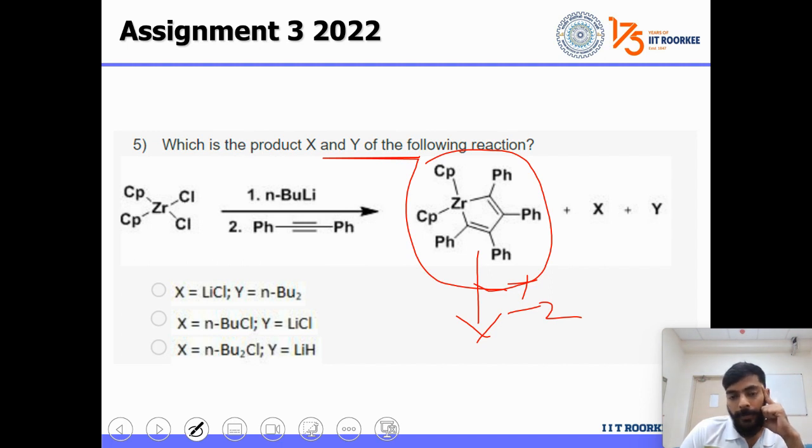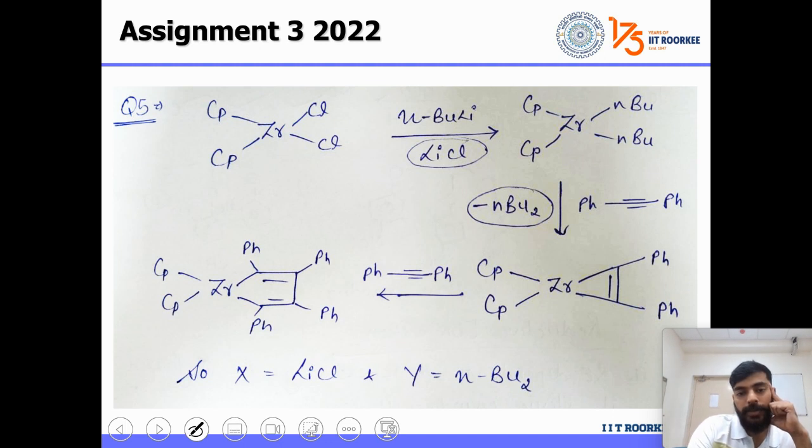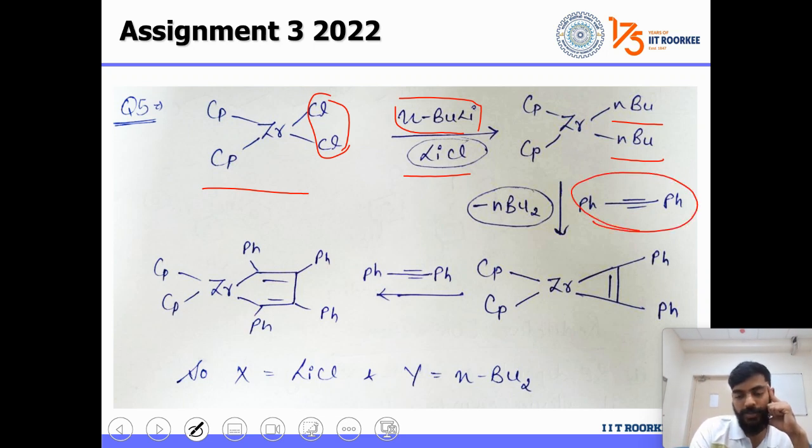Okay, fine. Let's go. See what is happening here. Lithium chloride will come out and these chlorides will be replaced, then again alkyne insertion. We have one more.